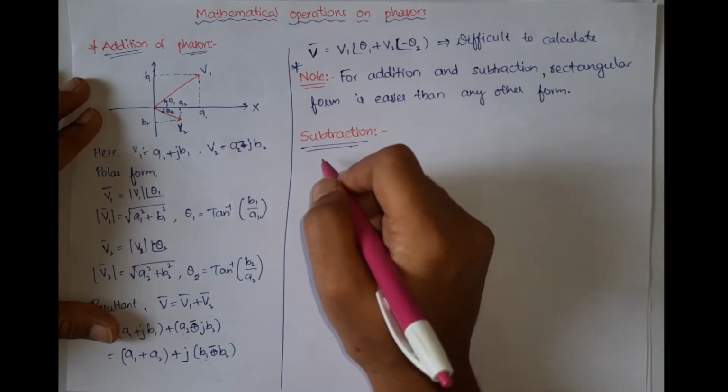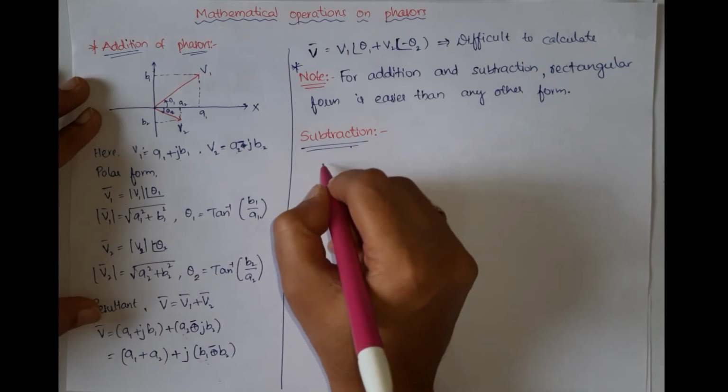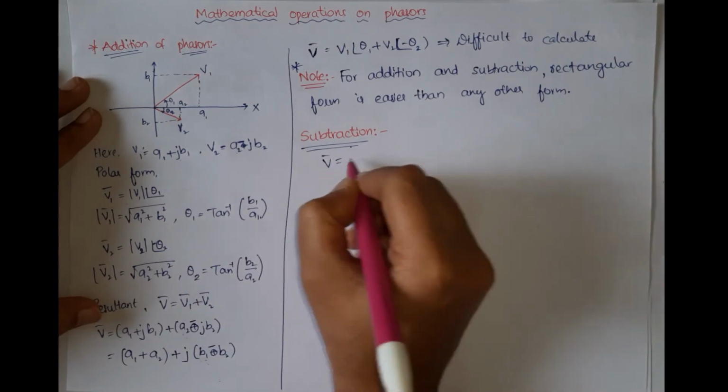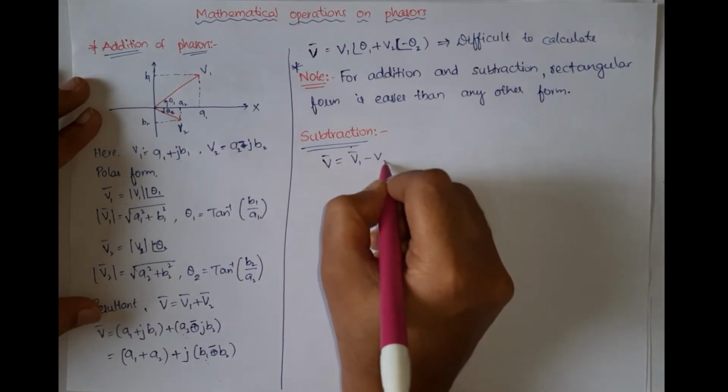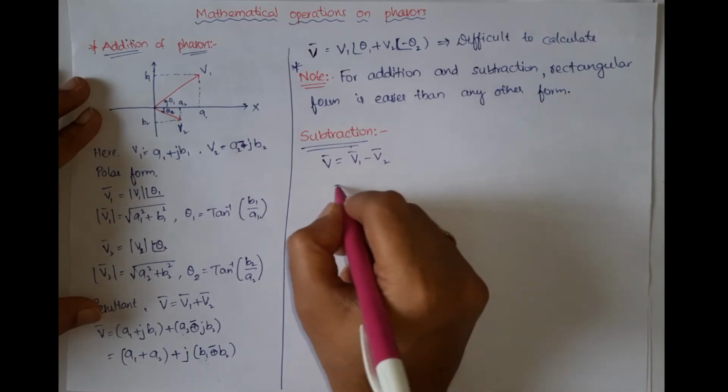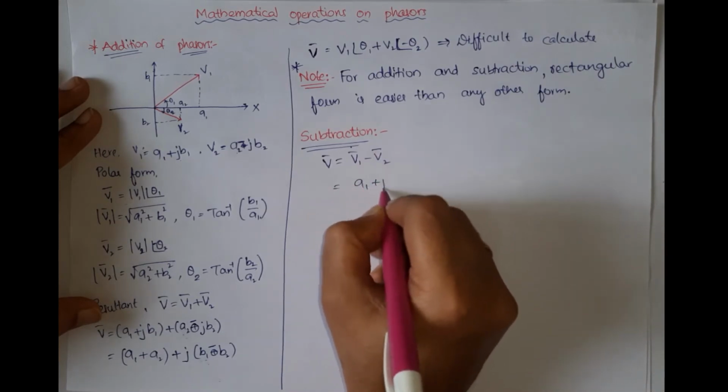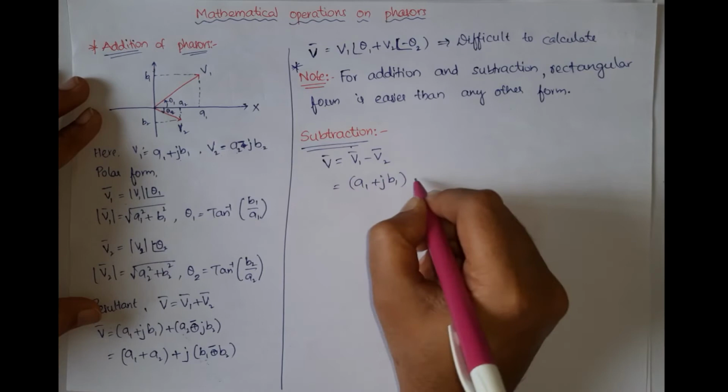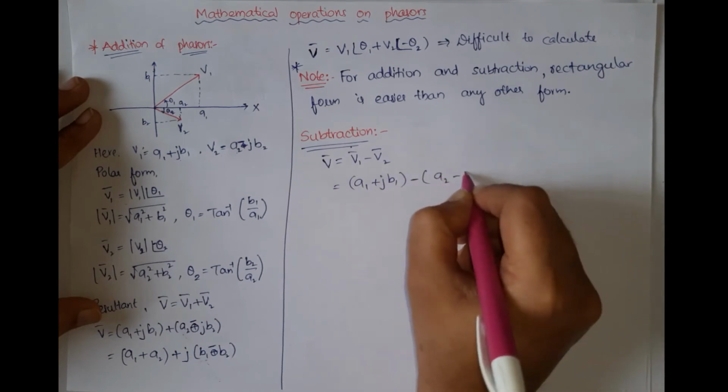Now coming to subtraction, same. V bar is V1 minus V2 bar, which is nothing but A1 plus jB1 minus of A2 minus jB2.